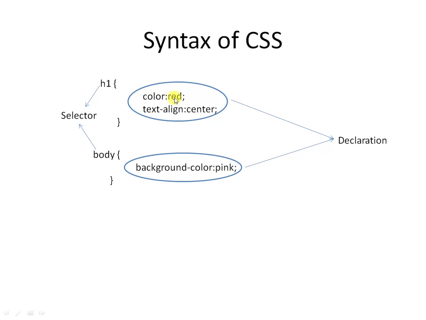The property and value are separated by a colon, and the semicolon acts like a full stop. In CSS, your full stop is the semicolon. I hope you have understood this.